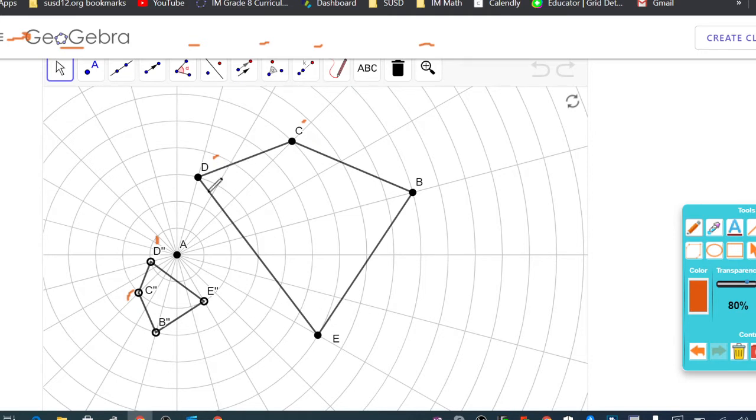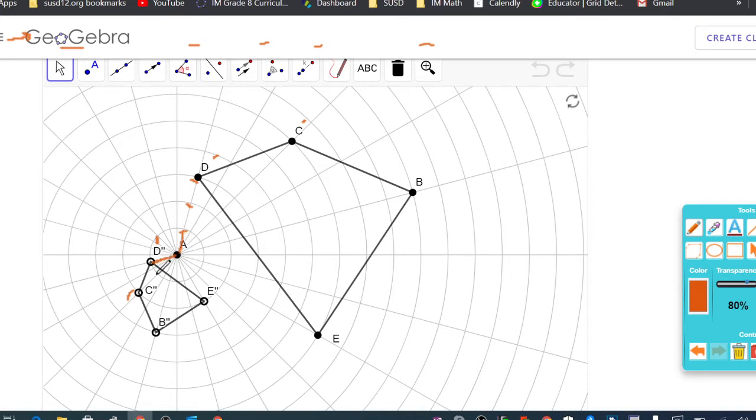Okay, well, D prime is 1 unit away from the center, and I'm just going to take a guess that the center point A is the origin or the center of dilation. How many points away is D? Let's count. 1 unit, 2 units, 3 units. Okay, so it looks like there was a dilation with a scale factor of 3.